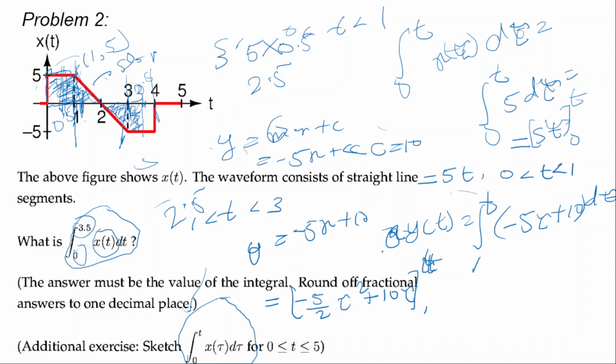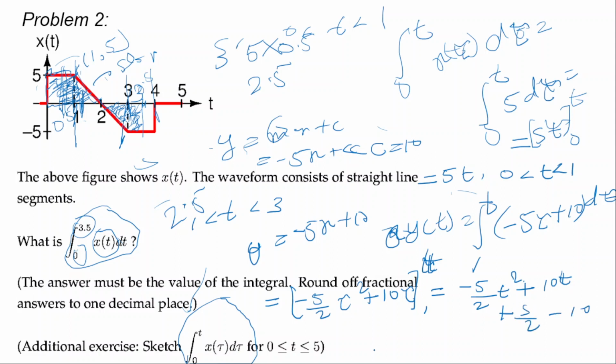So if we put the limits, then what we will get? Minus 5 by 2 t square plus 10t, minus, this minus becomes plus, so if we put tau equals 1, this will be plus 5 by 2 minus 10.